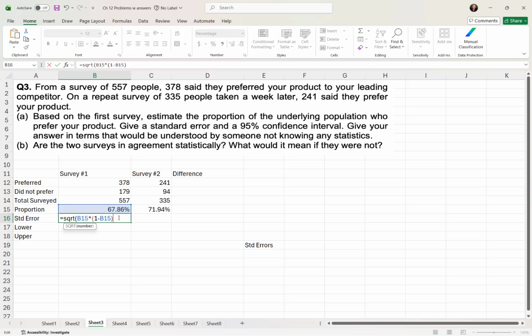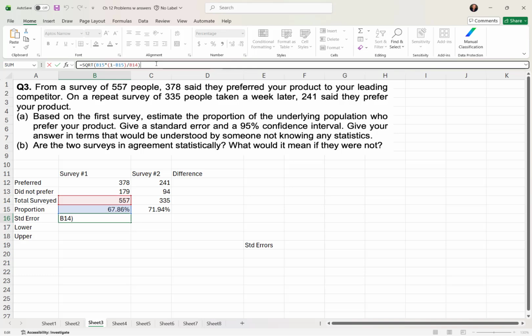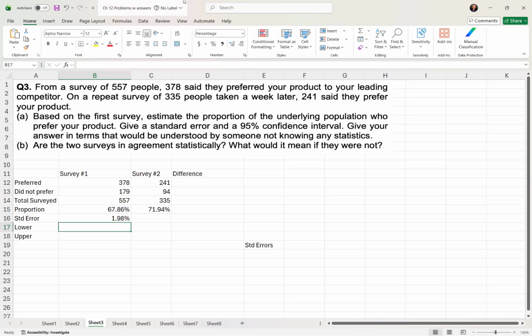And then the whole thing is going to be divided by n, which is 557. Oops, forgot the last parenthesis. Thank goodness for Excel. All right, so all is well. We came up with a standard error of 1.98%.